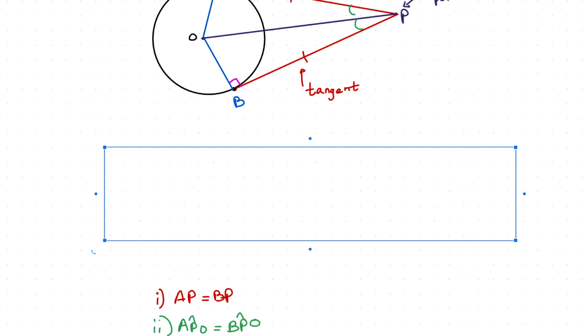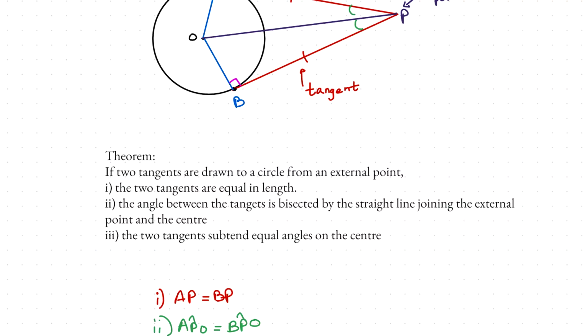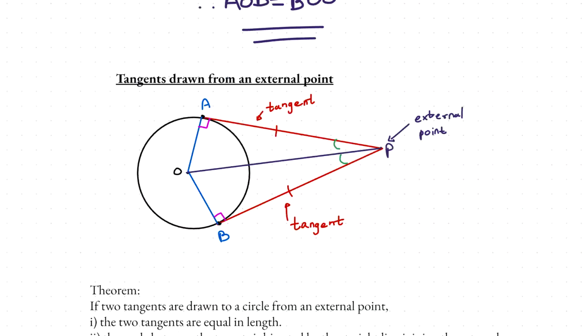The two tangents subtend equal angles on the center. That means, children, what is the angle subtended at the center by these two tangents? Now if you see here, the angle subtended at the center by this tangent BP.